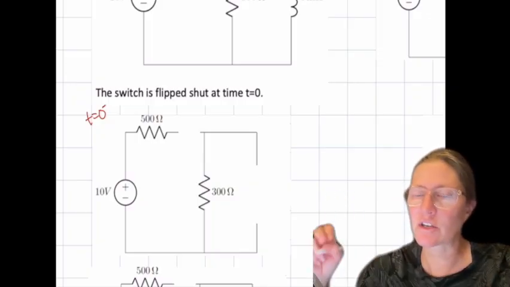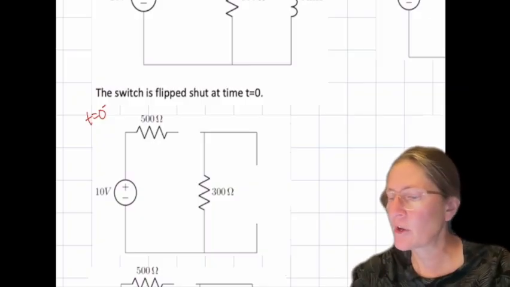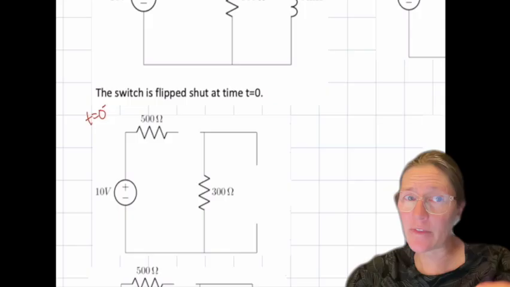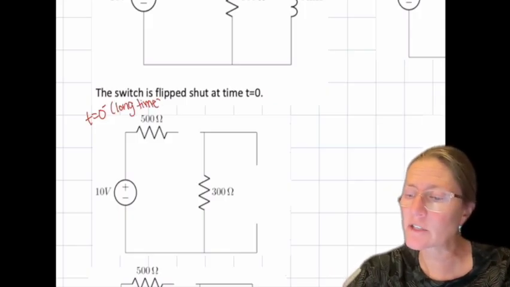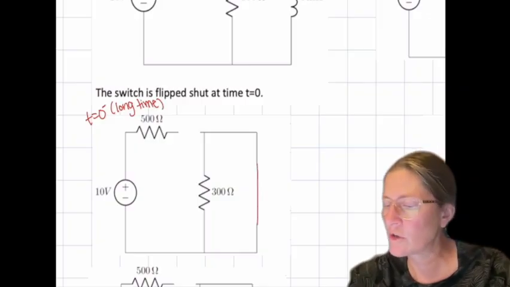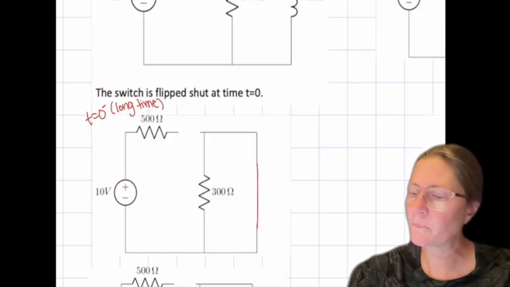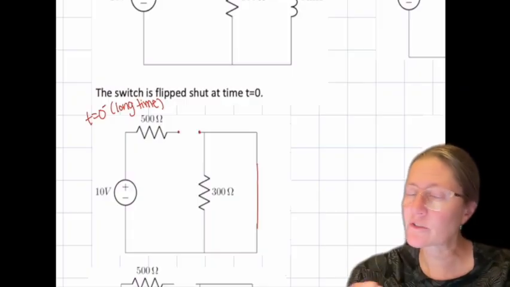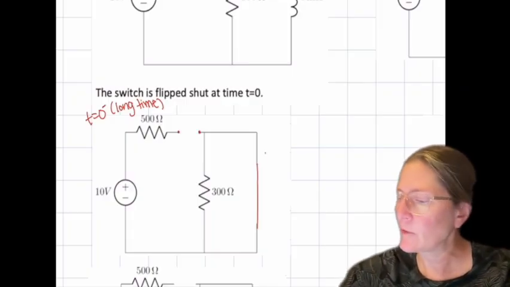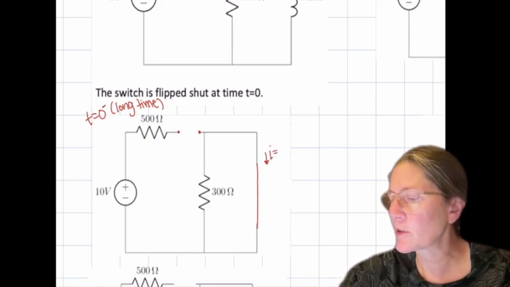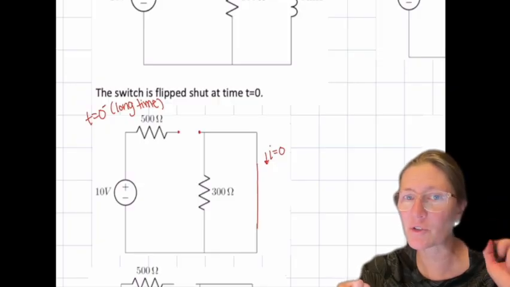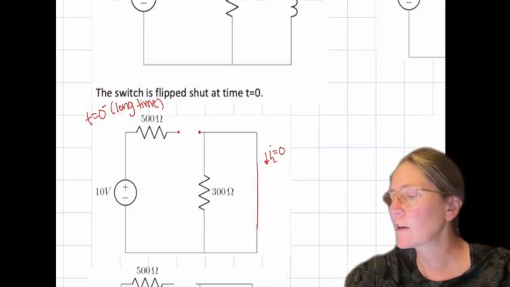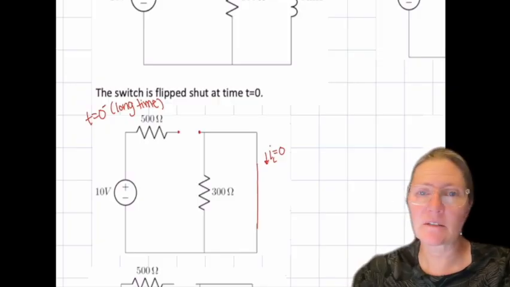It can't change instantaneously. So an inductor that sat there, again, this is going to be a long time, so sat there for a long time, no change. It's going to be a wire. Switch is still open. So current here, hopefully you can see there's only one resistor in parallel with the wire, so there's no current. So IL is going to be 0.